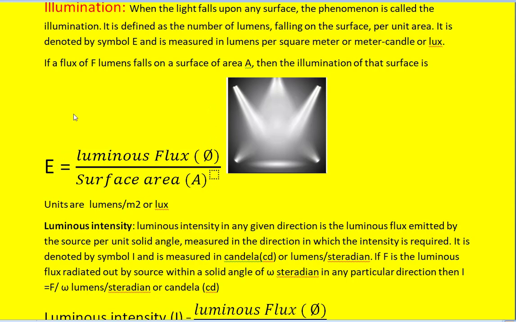E is the symbol of the illumination is equal to luminous flux, that is phi, divided by surface area capital A. Let us say this is the area to be illuminated, that is surface area is this A, and luminous flux means whatever light energy is received by this surface. The units for this are lumens per meter square, or simply it is called lux.